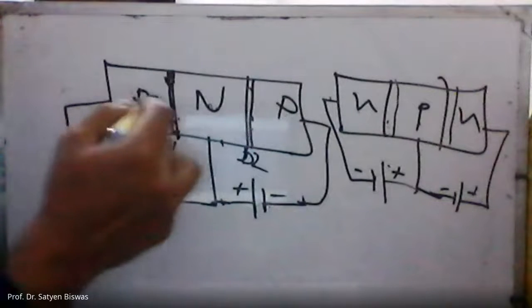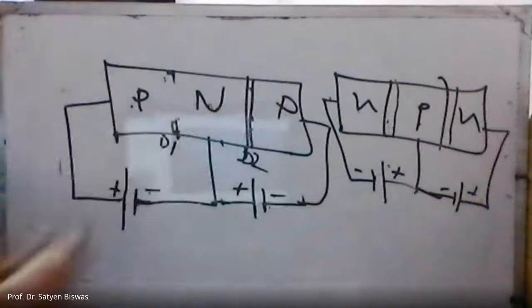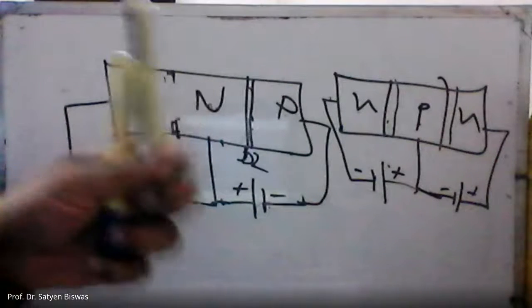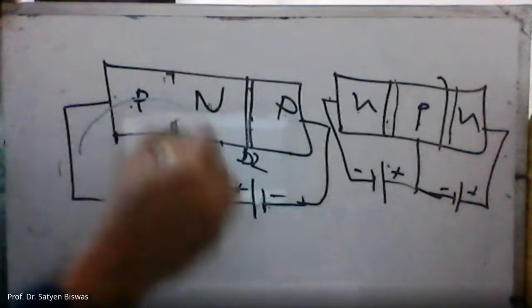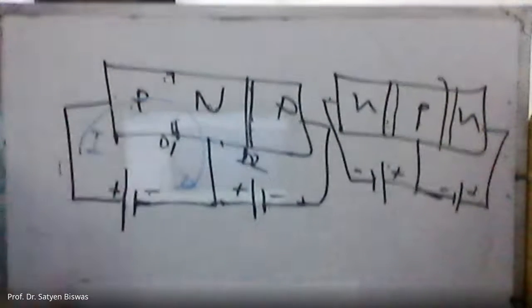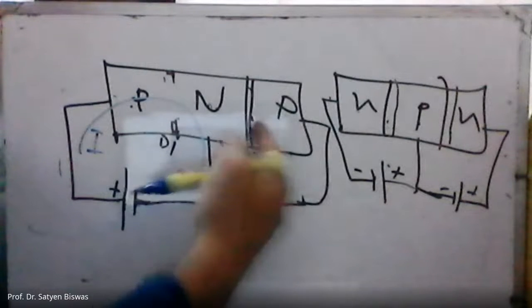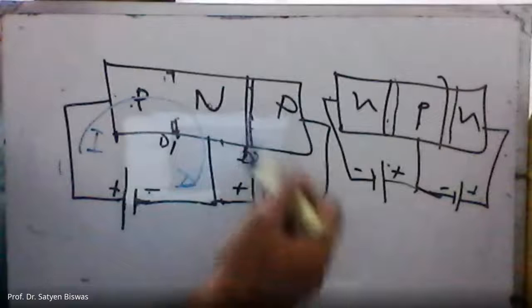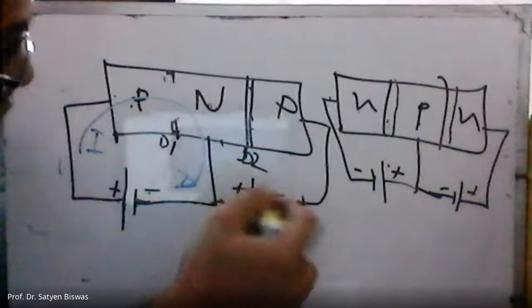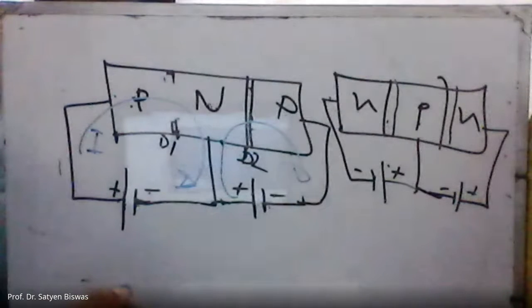So when this one is forward bias, this depletion region will disappear, and the current starts to flow here. This one is reverse bias, so there will be almost no current. But you see, there is a positive voltage here, so the positive voltage will actually give this little amount of current here, right?